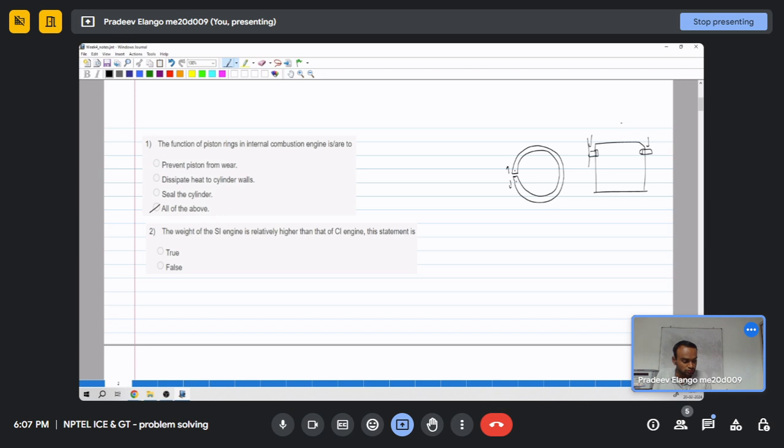So if this is the liner, the liner will be something like this, and the gas pressure mainly acts on the piston, but it is sealed and prevented from going towards the crankcase.